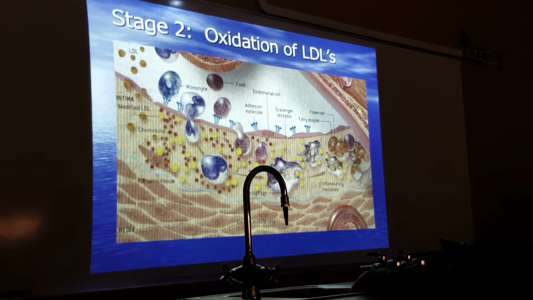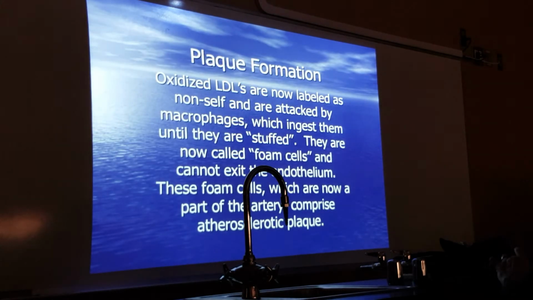We change the name to foam cells, which is a macrophage stuffed full of LDLs. The foam cells then become part of the artery, and they comprise the plaque. And that's what this says: atherosclerotic plaque is comprised of foam cells.